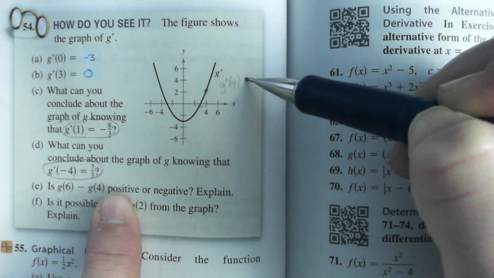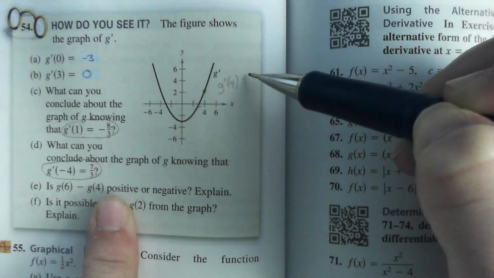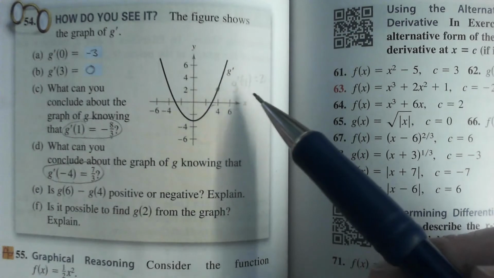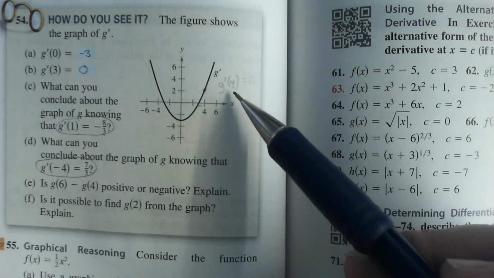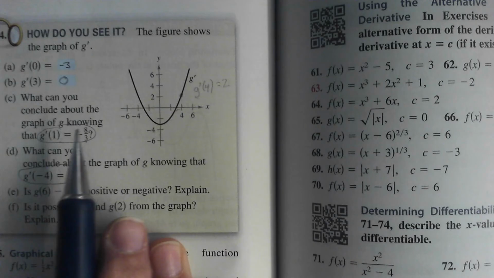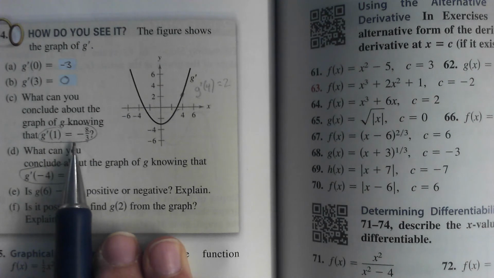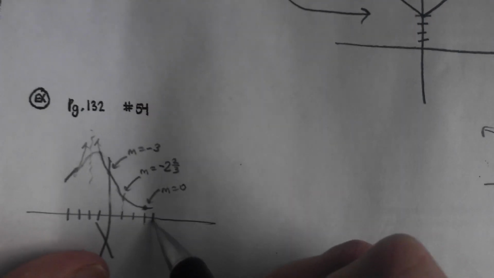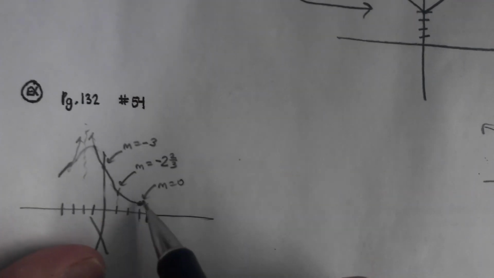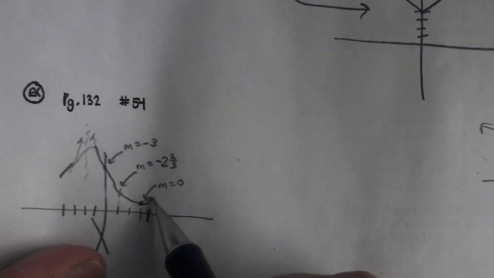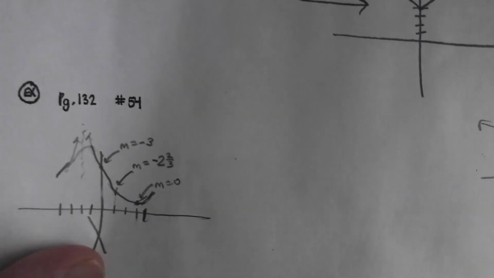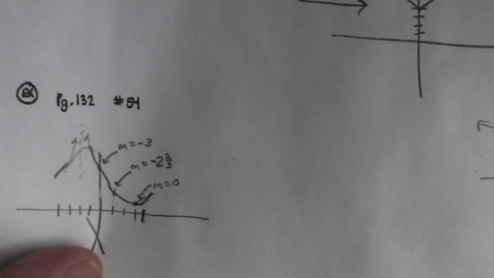Can we agree with that? So if g prime of 4 is 2, the slope is 2, so it's still increasing, right? A positive slope means it's increasing. So at 4, we knew at 3 we hit 0. At 4, if it's a positive 2 slope, we know it's actually turned around, right?